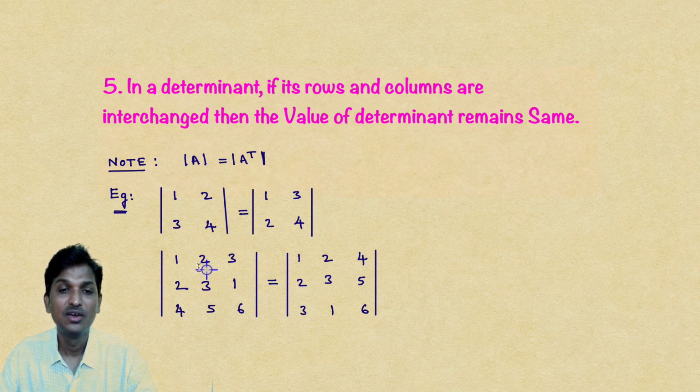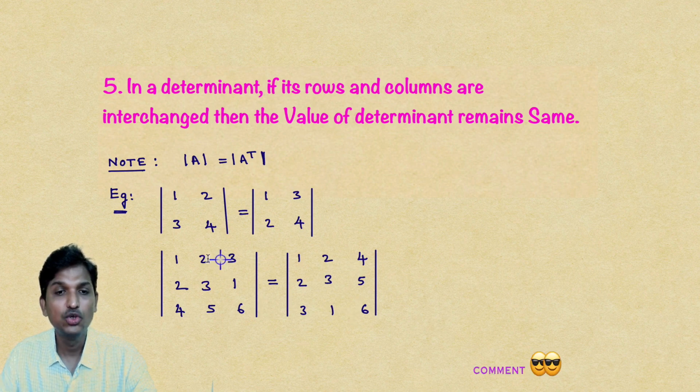Now you see here, this is the given determinant. I'll write its transpose. You see here, first row 1, 2, 3, write it as the first column. You see second row 2, 3, 1, write it as the second column, 2, 3, 1. You see here 4, 5, 6, write it as the third column. You expand this. You know how to expand this. What value will you get?